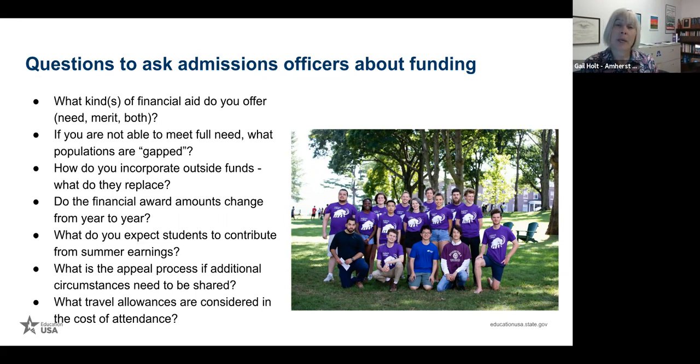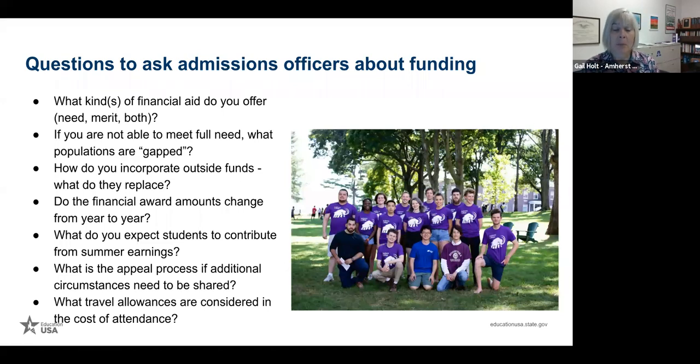What if you're really struggling to meet what the institution is expecting in terms of cost? Can you appeal that information? Can you ask for reconsideration? Can you provide more information that might alter their decision? So these are all questions that I encourage you to ask if they apply.